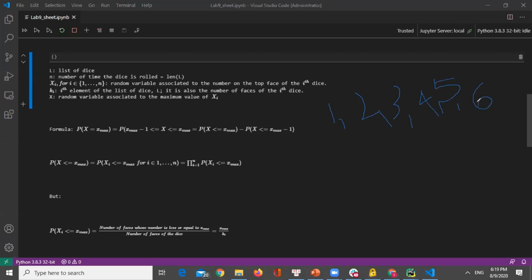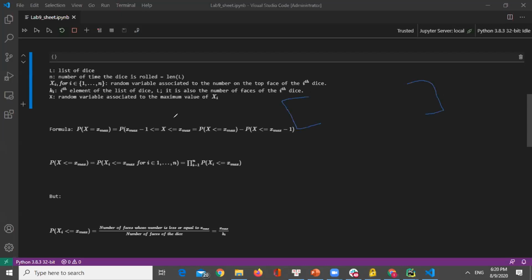No, it's not this. It is a list containing numbers representing the number of faces of the dice. For example, if there are 3 dice, the first one has 6 faces, the second one 7, the third one 8. The function will take the list of numbers 6, 7, and 8, and then the maximum.